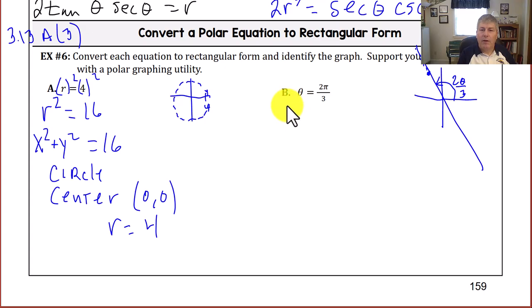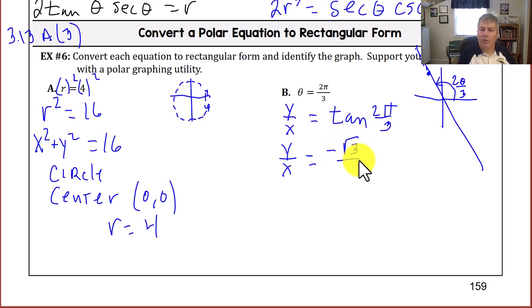We know tangent of theta is equal to y over x, and that is equal to the tangent of 2 pi over 3. Well, the tangent of 2 pi over 3, if we go to our unit circle, we would see that y over x is equal to negative square root of 3 over 1.